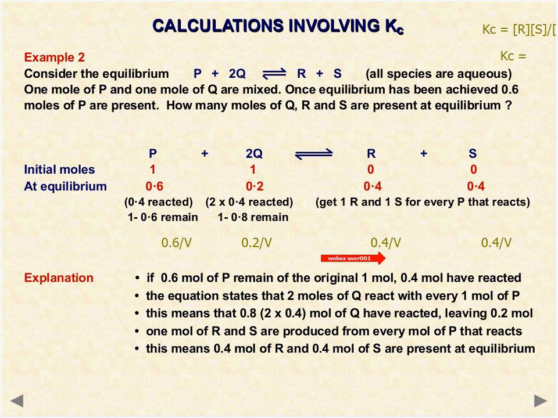So if I calculate this, the calculation will give me 0.4, 0.4, 0.6, 0.2 raised to the power 2. I'll calculate this to get the answer. It will be around 0.4 times 0.4 divided by 0.6, divided by 0.2 squared.